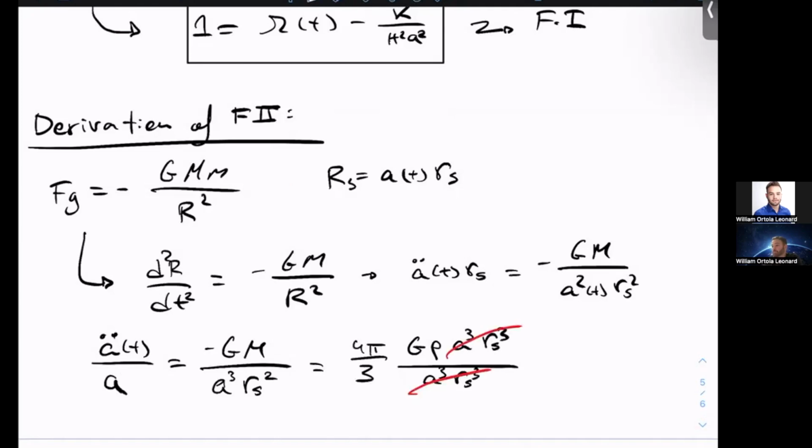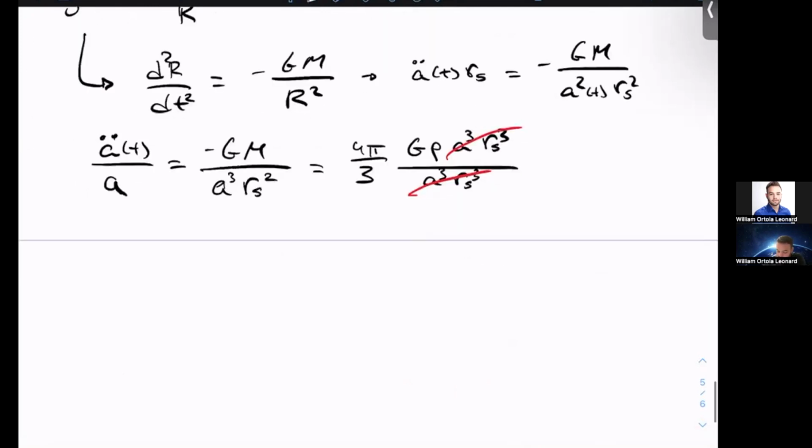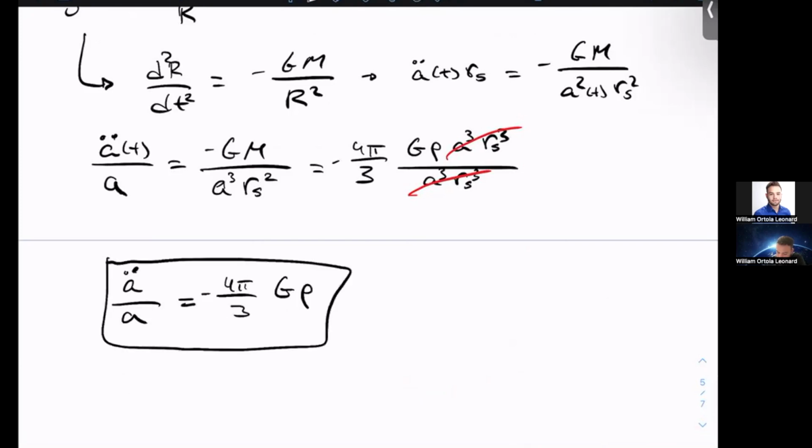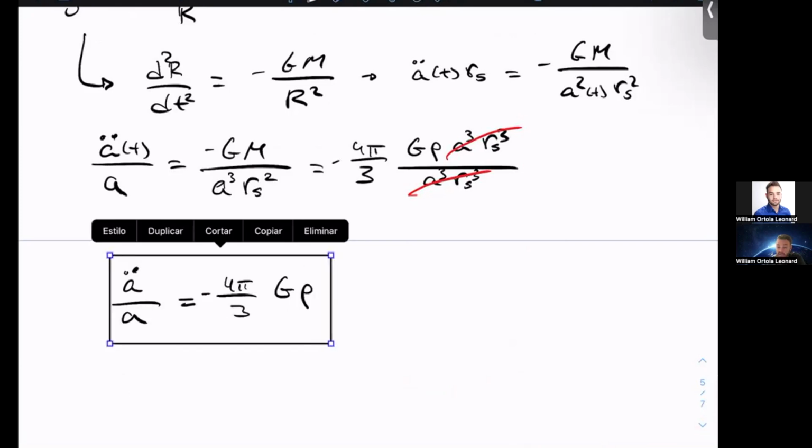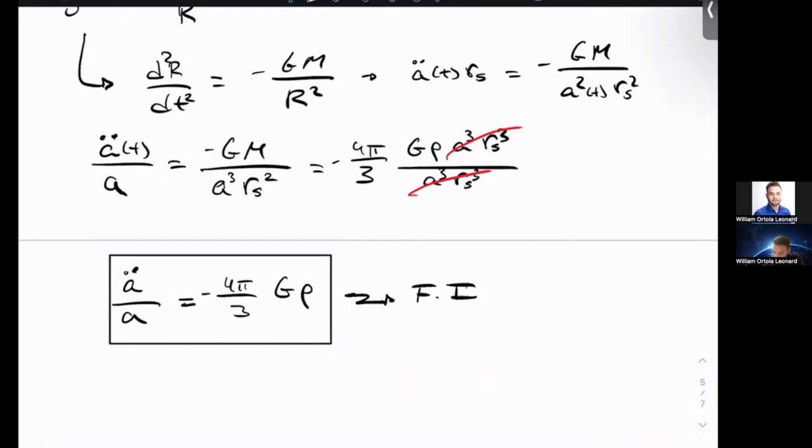And then the second Friedman equation now is given by a double dot divided by a equal to negative 4 pi over 3 times G times rho. And this is going to be the second Friedman equation using Newton's law, the second of Newton's laws.